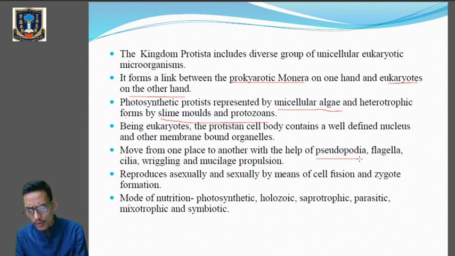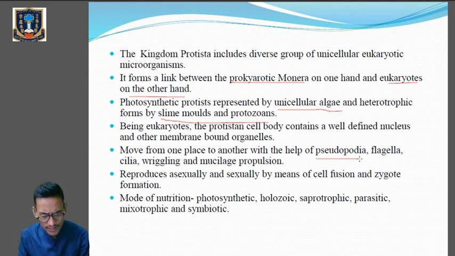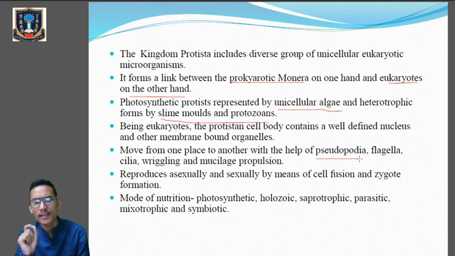Mixotrophic means mixed type of nutrition, both holophytic and saprotrophic. And symbiotic, where they live in symbiotic associations with other organisms. So these are the general characteristics of the Protista. Kindly note them down. Clear?